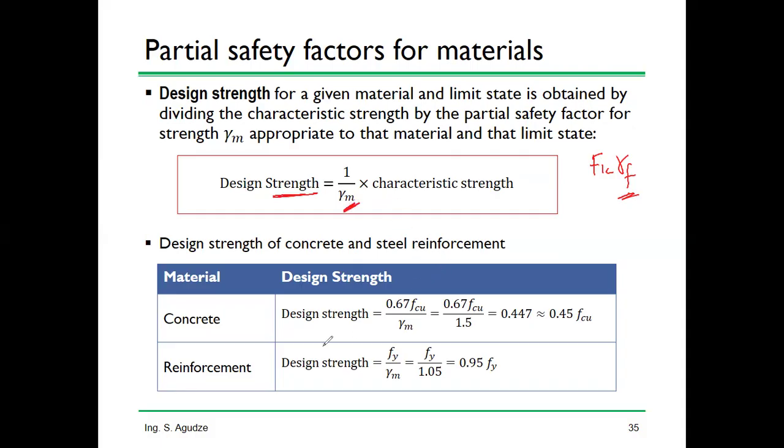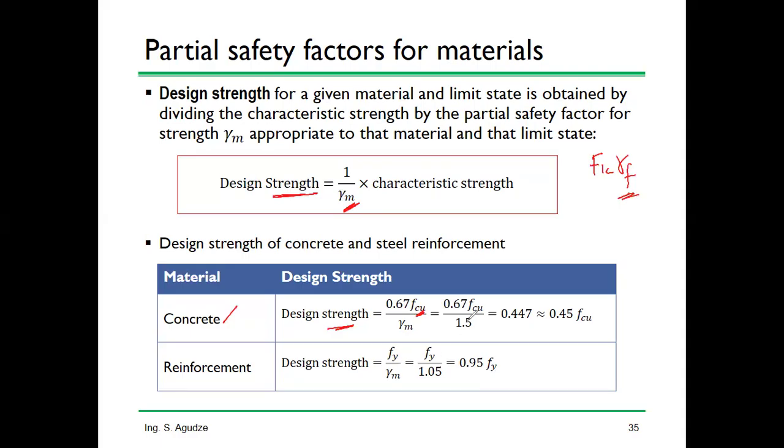Take note clearly. So if it is concrete, the formula for calculating design strength is 0.67 FCU over gamma M. And FCU is the characteristic strength of concrete. And if it is reinforcement, the design strength is Fy over gamma M. And we should note all these things carefully.